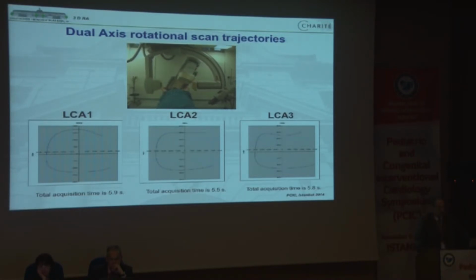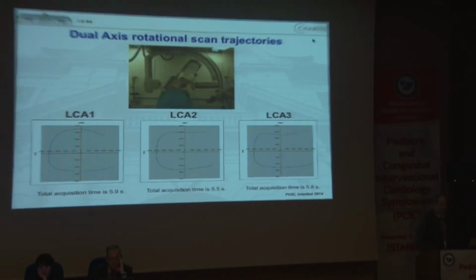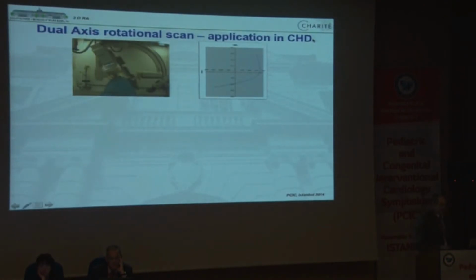This is, for example, a plan for the angiography of the left coronary artery. So you have different trajectories for these dual axis rotations, and this gives you the chance to have your rotational angiography cover all these regions where you have the minimal foreshortening for calculation of what you're doing. And it is an example for the application in congenital heart disease.